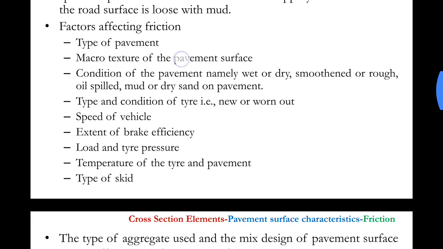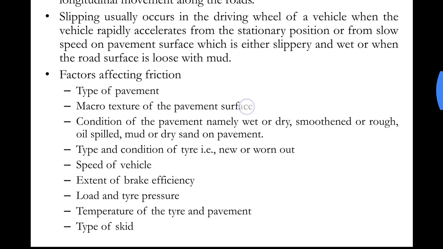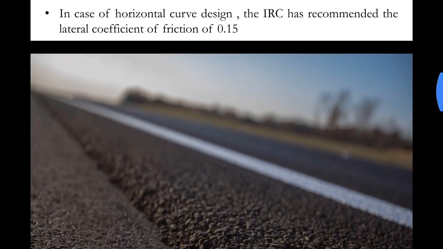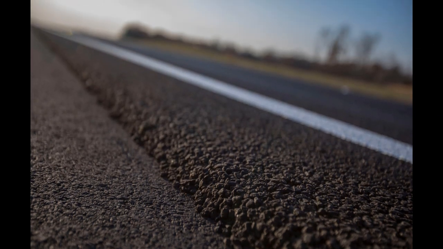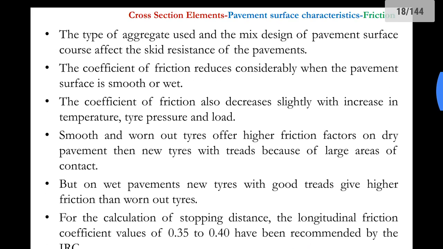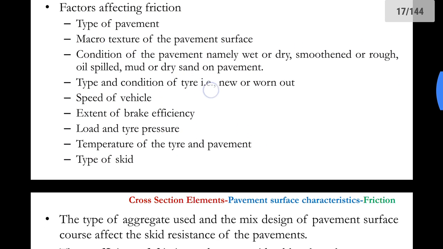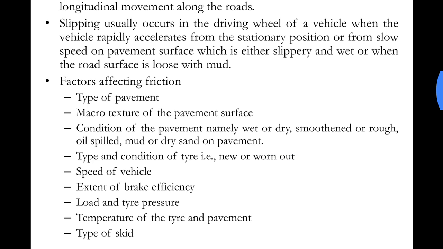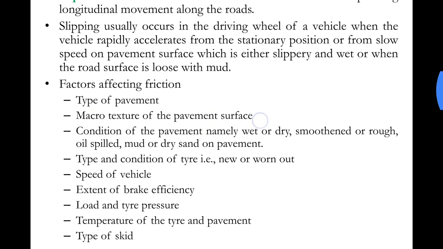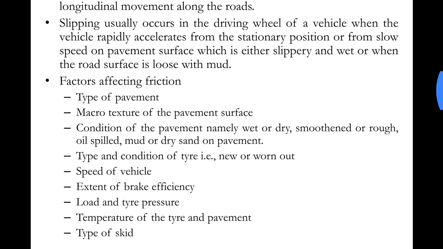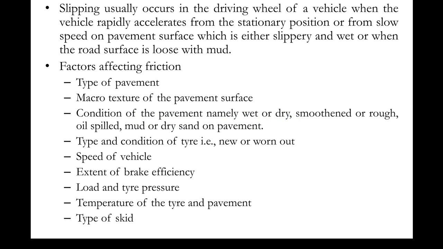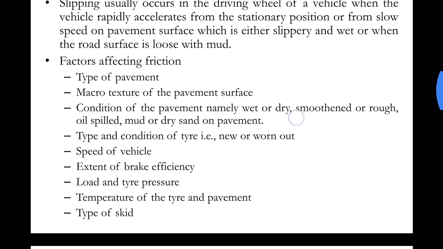When you zoom in on the surface of the pavement, there's no diagram here for that, but you can see crests and troughs. If the crests and troughs are more, then it would offer better friction. Next is the condition of the pavement, namely wet or dry, smooth or rough, oil spilled, mud or dry sand on the pavement. Friction also depends on these conditions.